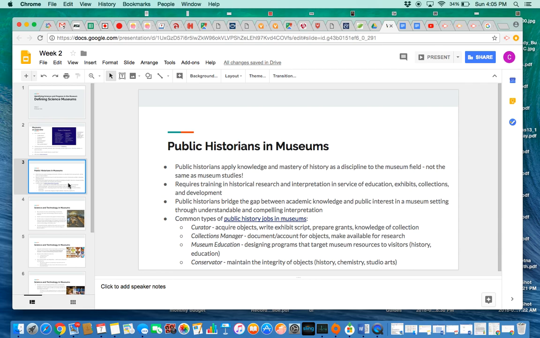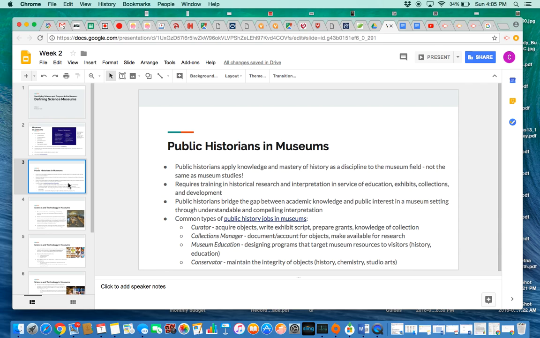There are programs in the last 30 years or so that are centered on museum studies, of which some historians may enter, but museum studies is a little bit different in the sense that people who go into museum studies are concerning themselves with all of the aspects of the field and the logistics of running a museum.